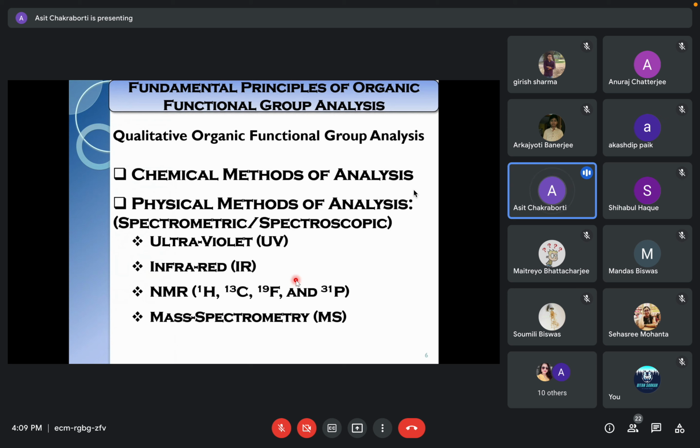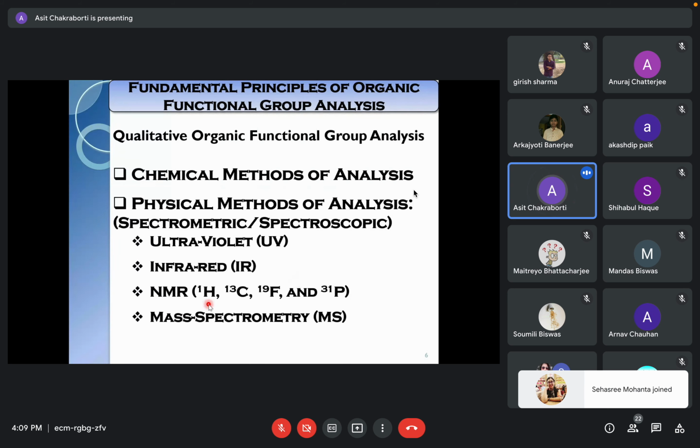You have 12 hydrogens in cyclohexane, in two sets: 6 are axial hydrogens and 6 are equatorial hydrogens. Now the question is, if you can demonstrate that a particular molecule has two different types of hydrogen, then your purpose will be solved. The only technique which can differentiate between two sets of hydrogen is NMR, where we take a chemical signal.